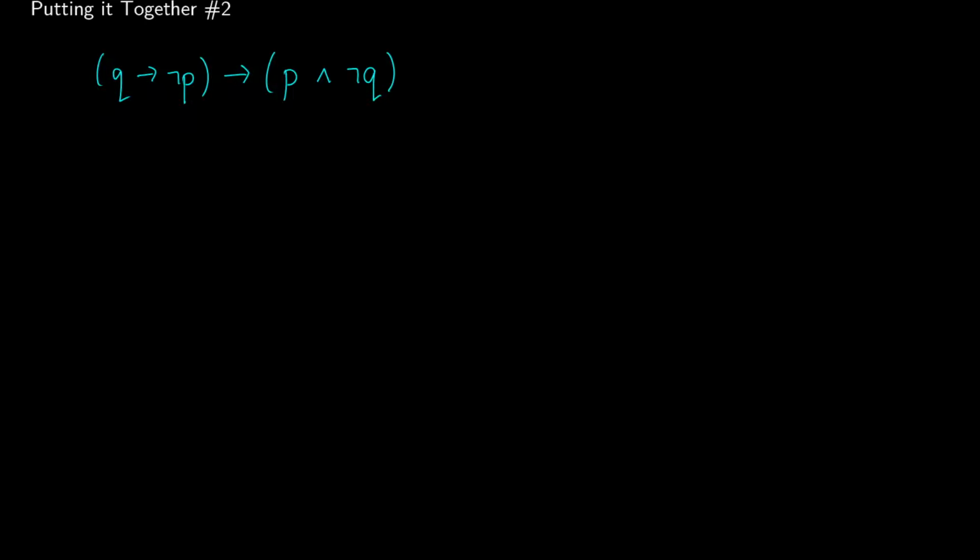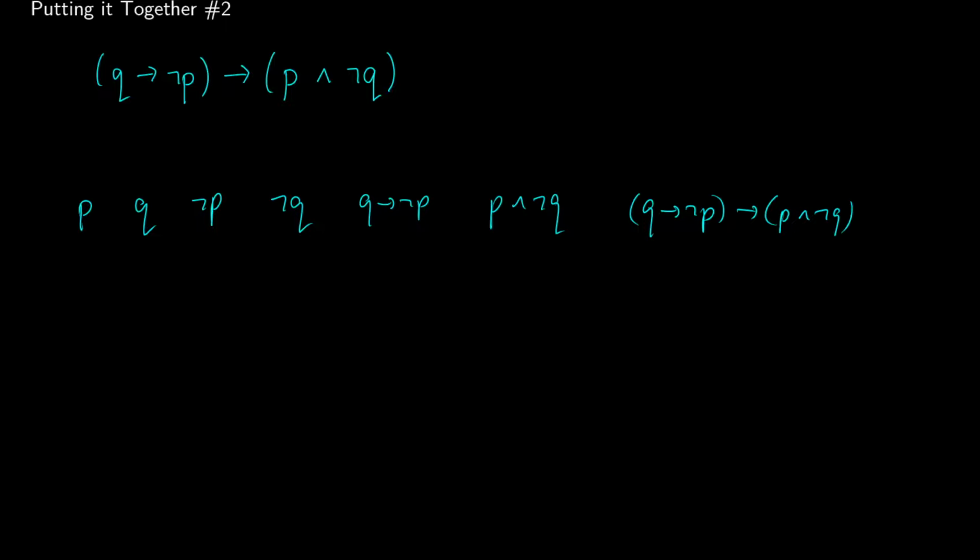So how will we set this up? We're going to need P, we're going to need Q, we'll need not P and not Q again. We'll have to do Q arrow not P. We'll have to do P and not Q. And then we'll have to do Q arrow not P, arrow P and not Q. So once again, we'll just set this up so that way we have a nice clean table.